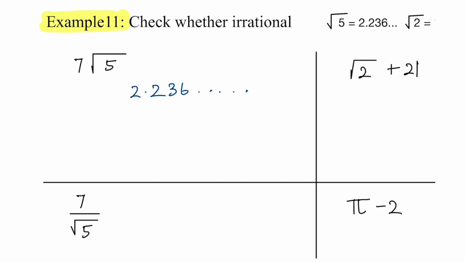So when we multiply that with 7, what would happen? Obviously we cannot do multiplication for the digits that keep on going.